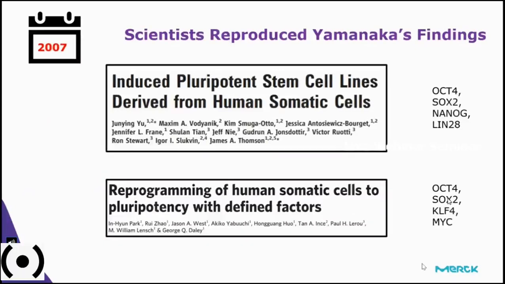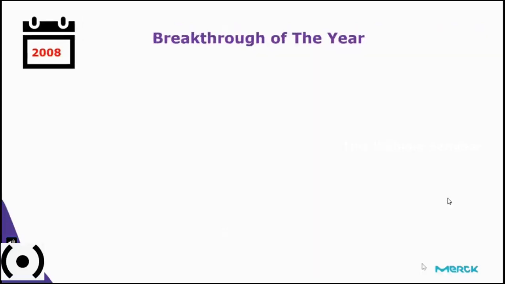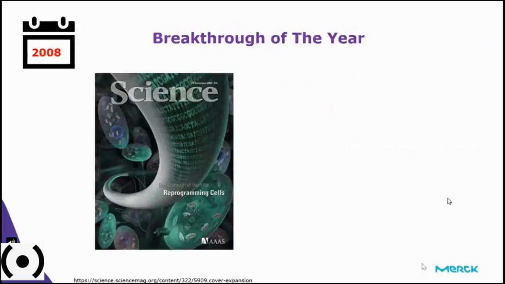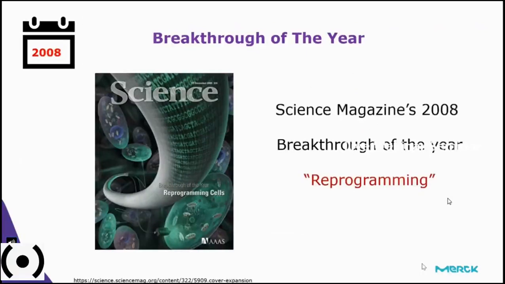They also found that yes, somatic cells, the normal cells, can be reprogrammed and induced pluripotent cells can be generated from normal cells also. Now scientists started reproducing Yamanaka's findings, right? This is how the great discovery was carried out, and because of this landmark discovery, Science declared this reprogramming the 2008 Breakthrough of the Year, right?